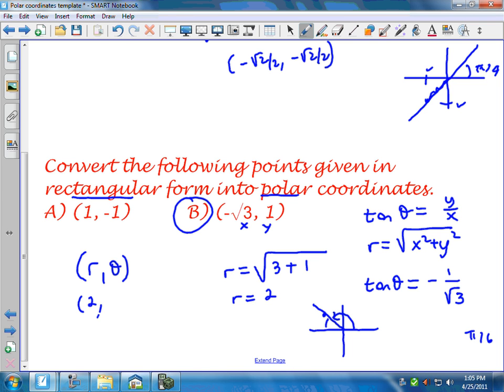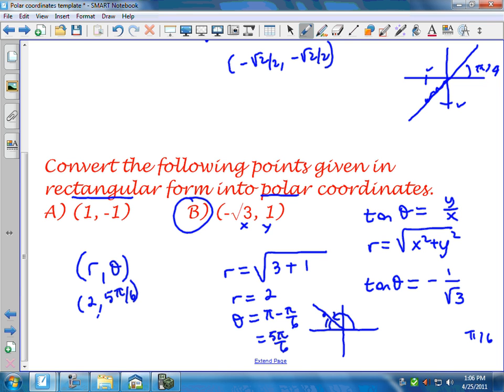So what angle should you end up with here? Pi minus pi over 6, which is 5 pi over 6. So we can leave the answer as 2 comma 5 pi over 6.